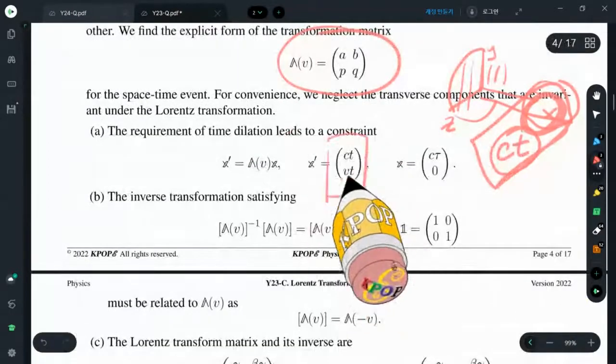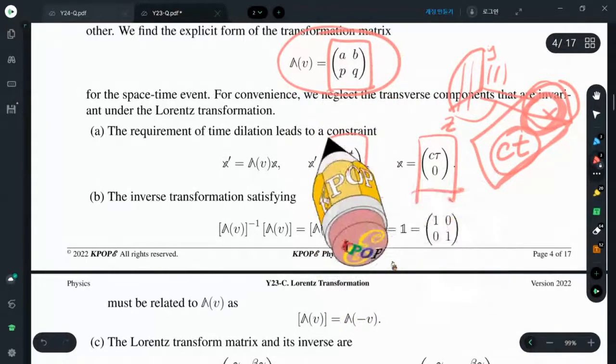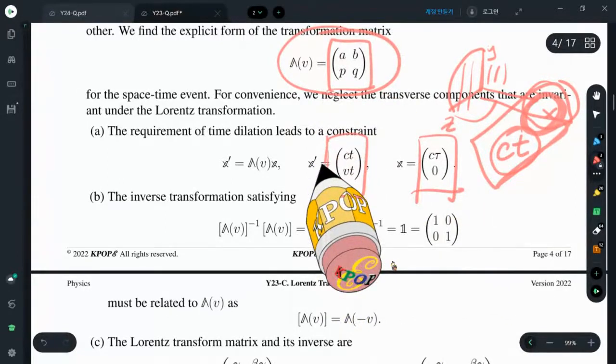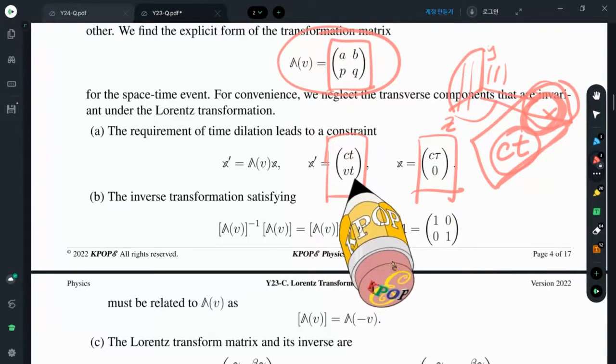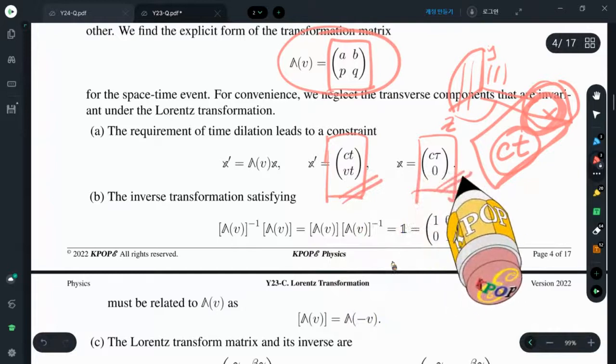A simple way to find this matrix is by making use of the solutions. We know the time dilation is reflected in this representation.